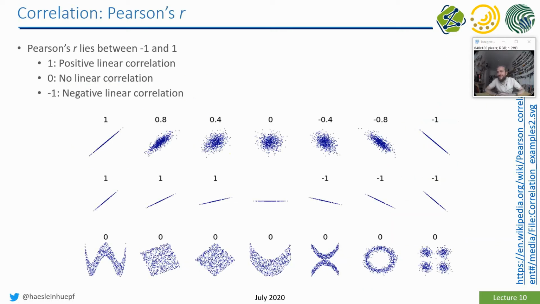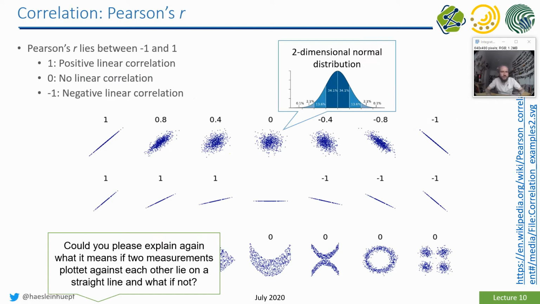When you think about scatter plots, there was also a student asking, what does it mean if two measurements plotted against each other lie on a straight line? If they are really on a straight line, it means the Pearson correlation will be 1. This is what this diagram shows us. If they are lying on a line, they have a Pearson correlation of 1.